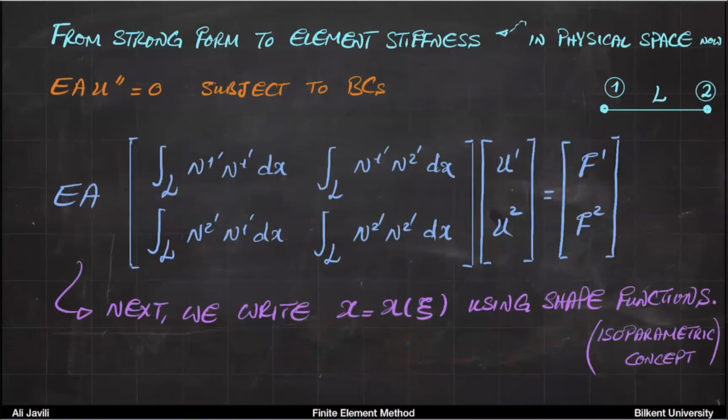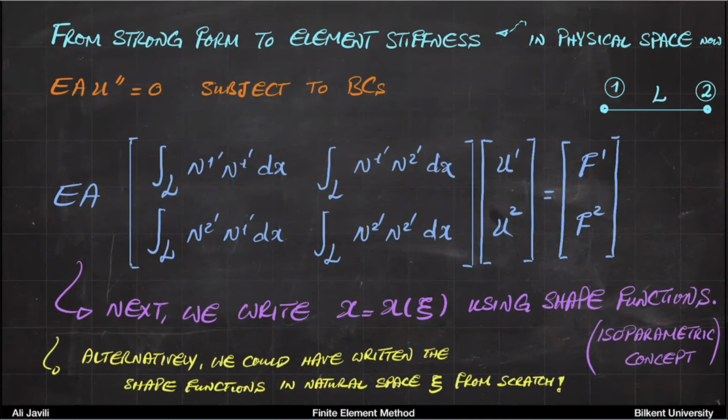Now, the next thing we want to do in this format is to write x, because we know these are functions of x, as a function of xi using shape functions. And this was coming back to that thing that we call the isoparametric concept. Basically, you can do that.